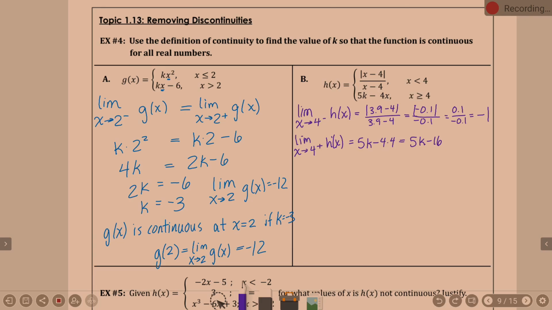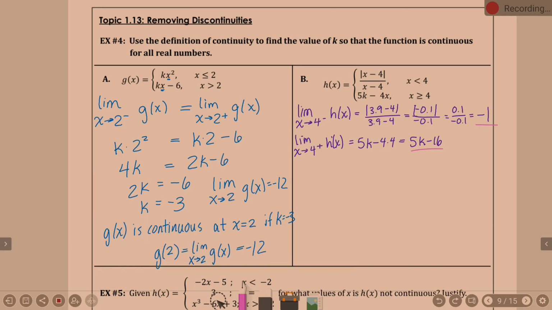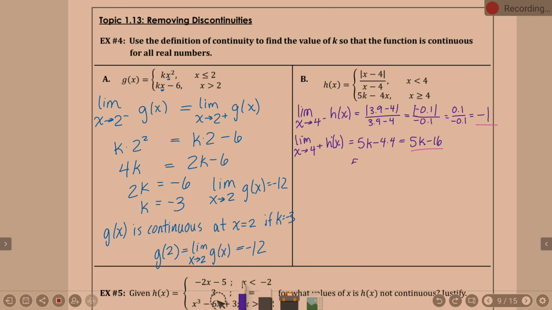Okay, what's the idea? We have the limit from the left and the limit from the right. What do we need them to do? We need them to equal. So I'm going to set 5k minus 16 equal to negative 1. Can you do some math there?